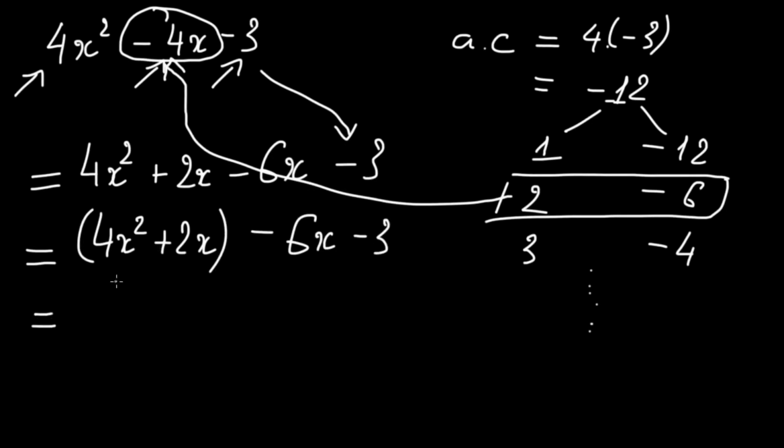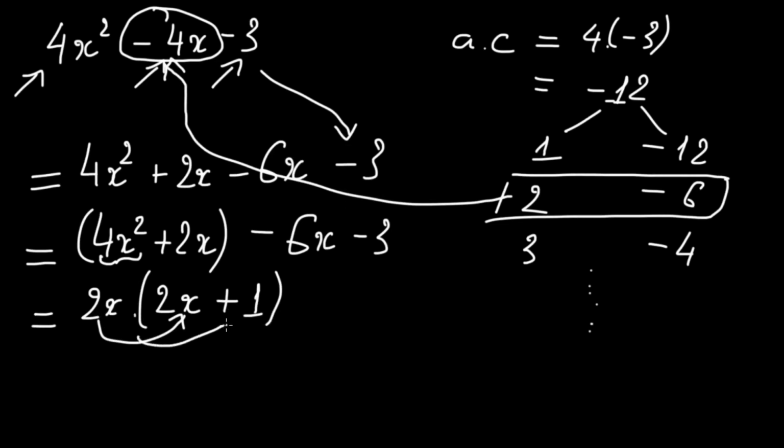We can see that 2x is a common factor. We just put it outside, right? And then inside the parenthesis, we put 2x here, because 2x times 2x, you get 4x squared right here. Plus 1, because 2x times 1 equals x right here. Then we see this one, the negative sign.